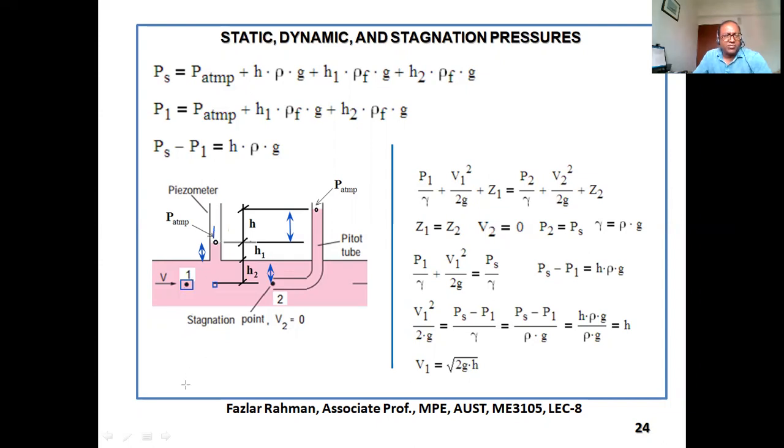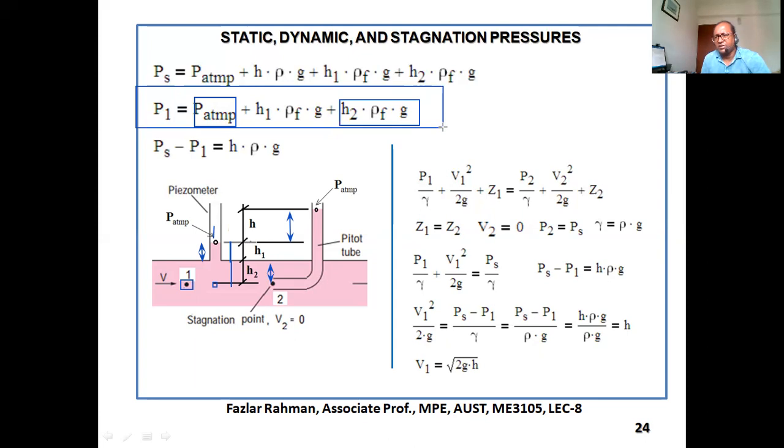Then you come down in the bottom direction. How much distance? First this one, H1, then coming down by H2. You're coming down, so positive. So H1 rho of the fluid, this fluid, times g, plus H2 rho of the fluid times g. So this whole value is the pressure at point P1.